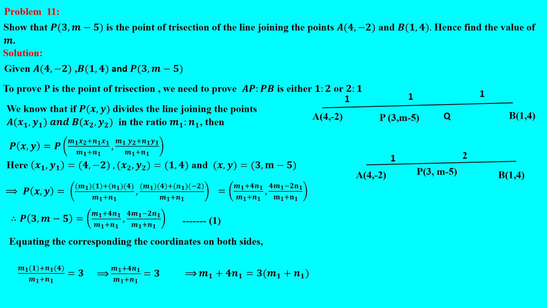Cross multiplying, m1 plus 4 n1 is equal to 3 into (m1 plus n1). So m1 plus 4 n1 is equal to 3 m1 plus 3 n1. Grouping n1 and m1 on each side, 4 n1 minus 3 n1 on the left hand side is equal to 3 m1 minus m1.